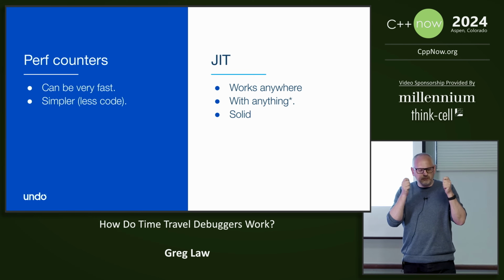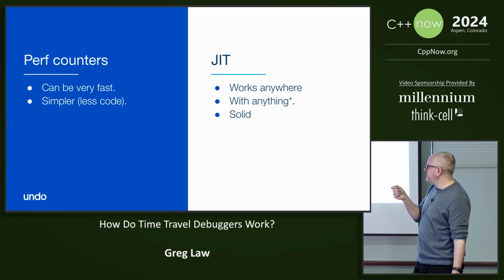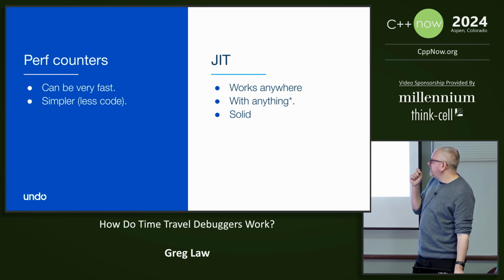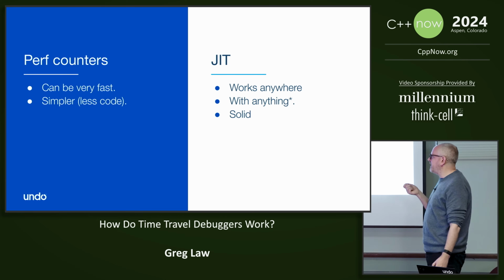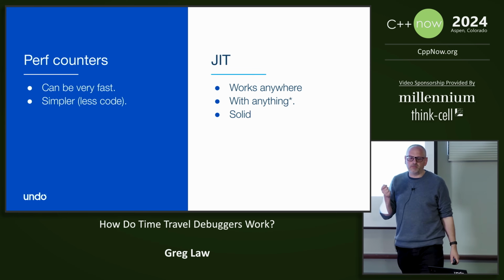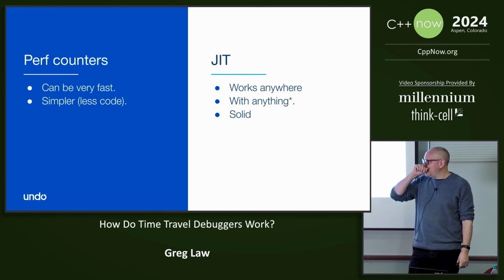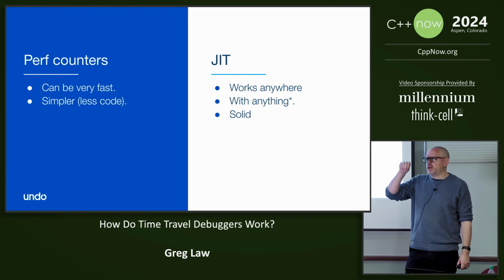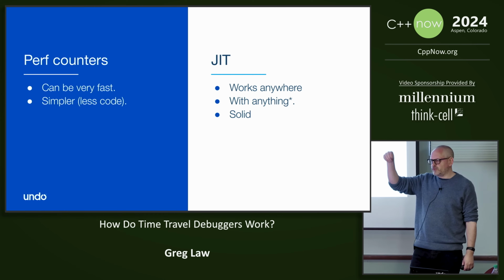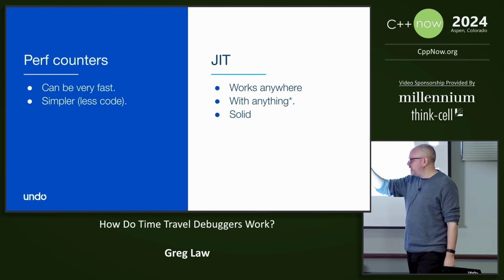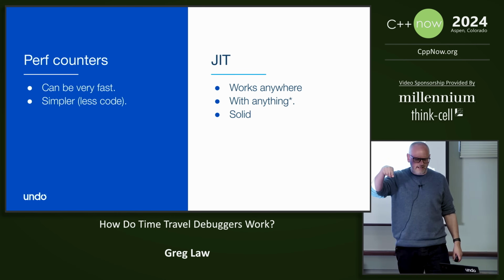reliable on most modern x86s, and kind of on ARMs, but there are some caveats with Graviton, for example. Particularly, ARM has these load exclusive, store exclusive instructions. So load-lock, store-conditional, basically.